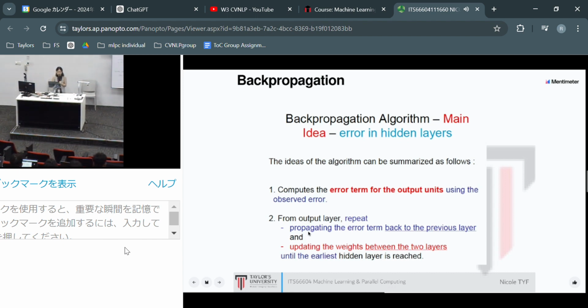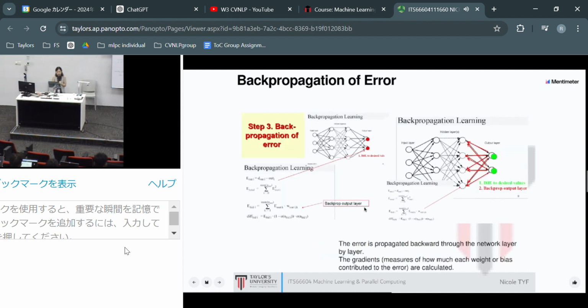Initially we have a set of input with randomly initialized weights. With these randomly initialized weights, our network will produce a set of output. This output will then be compared against the expected output. With these two in hand, we are able to tabulate the error term, which is in red.